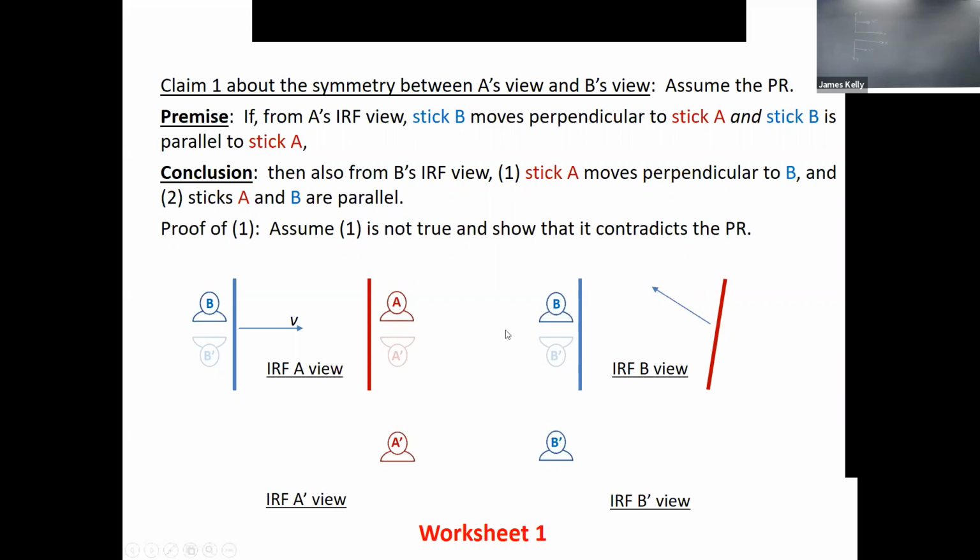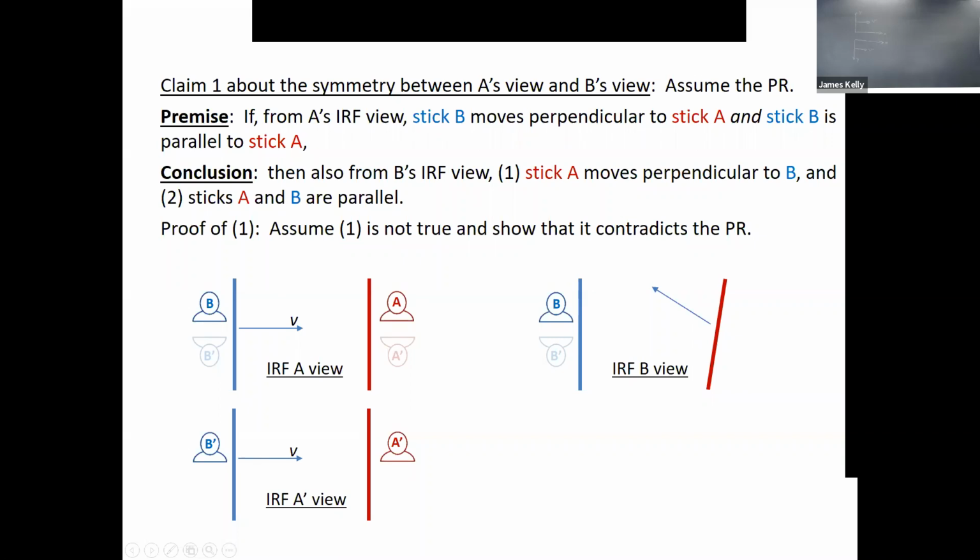And so my suggestion is, let's draw the same picture from the point of view of A prime and B prime, who are just like A and B, except they're viewing the world upside down. And when we draw this from the point of view of A prime, of course, A prime just sees this stick inverted and this stick inverted, and at least the way I've drawn it, they look exactly the same.